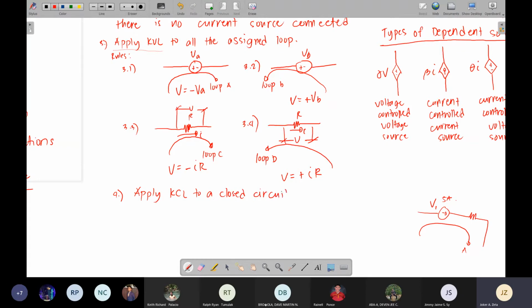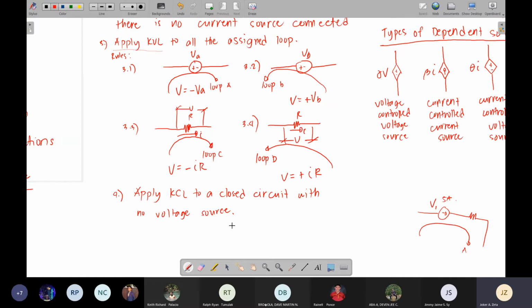Okay, to a closed circuit with no voltage source. Okay? So for this step, mag-apply tag KCL sa katuramang closed circuit nga walay voltage source.